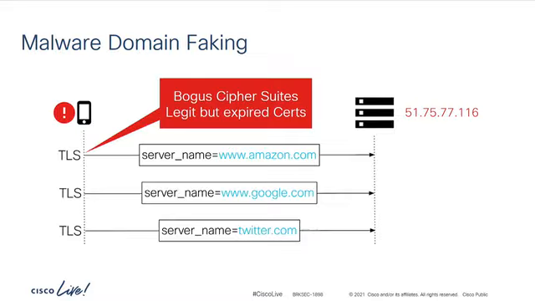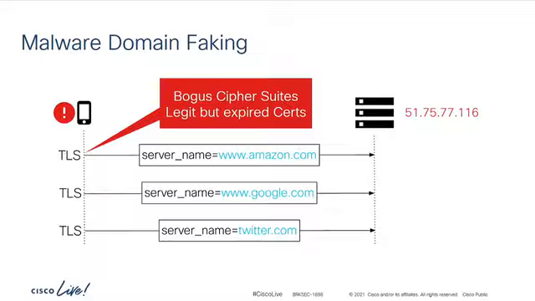Going one step further, if we wanted to develop techniques that could identify this type of behavior on a single session basis, we could look a little deeper into what's actually happening on the client and the endpoint. Specifically, we saw a TLS fingerprint that contained offered cipher suites that were not legitimate. The cipher suite codes in the TLS client hello did not map to any known cipher suites.